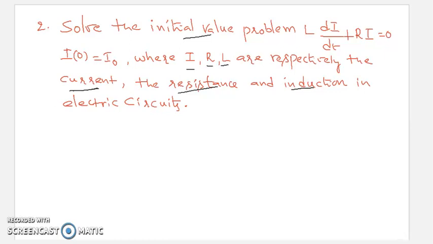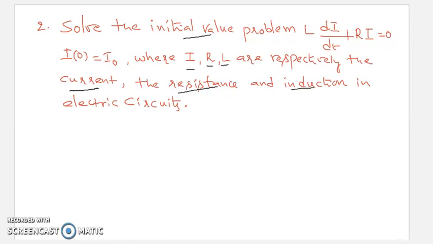Here initial value problem means after solving the given differential equation we can apply the initial values. Such a type of solution is known as the initial solution.